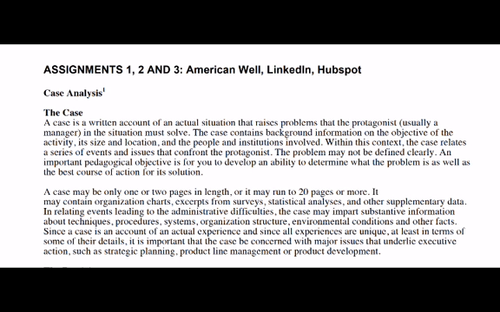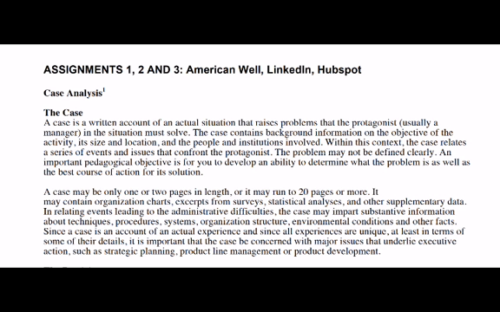So it contains a lot of facts and background information and so on. Usually it contains also a protagonist. The protagonist is the key decision maker in the case. And you have to try to identify who that protagonist is. Because one of the first steps in case analysis is to define the problem. And the problem has to be defined from the perspective of the protagonist.